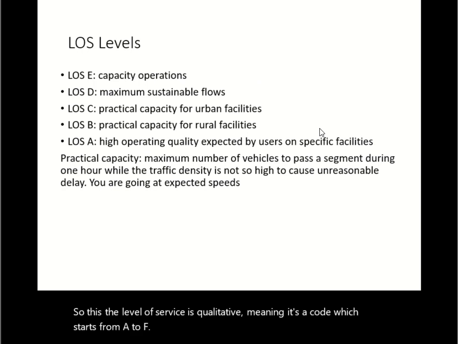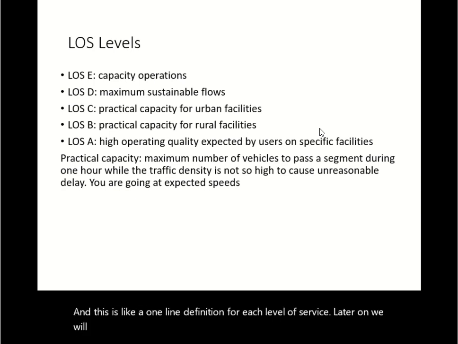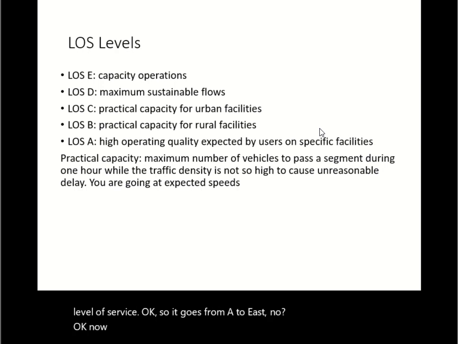And this is like a one-line definition for each level of service. Later on, we will look into more details. But this is like a one-line definition for each level of service. So it goes from A to E, no F. No F on the slide, but there is an F. You don't see the F until you get it.